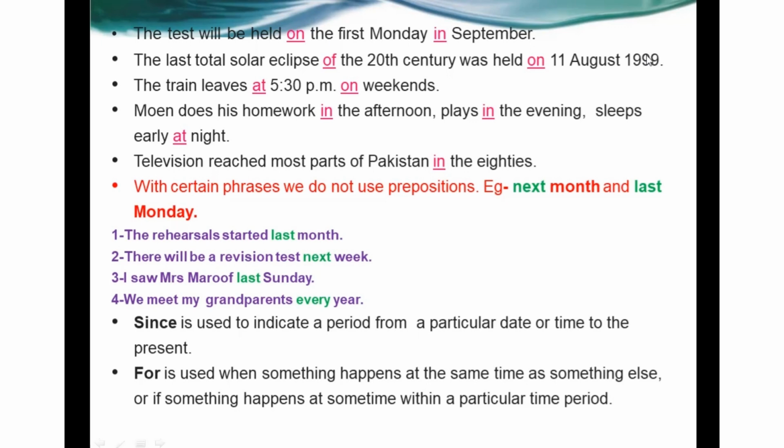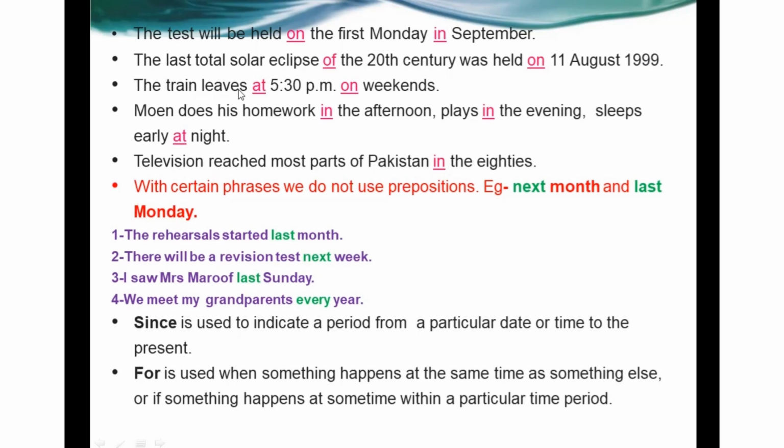If that is not mentioned, then we use on for it. Okay, if the exact time was given, for example the solar eclipse took place at 5:30 a.m., whenever it was, then we could have used at there. Did you understand, students?